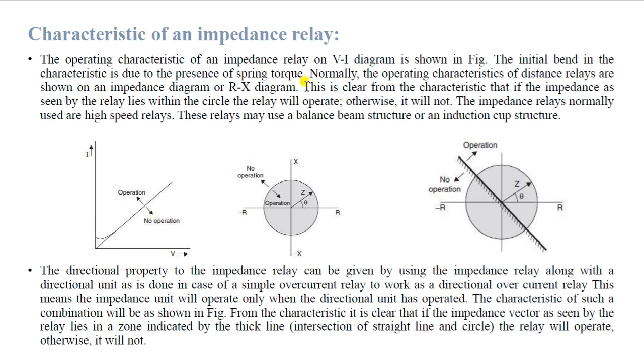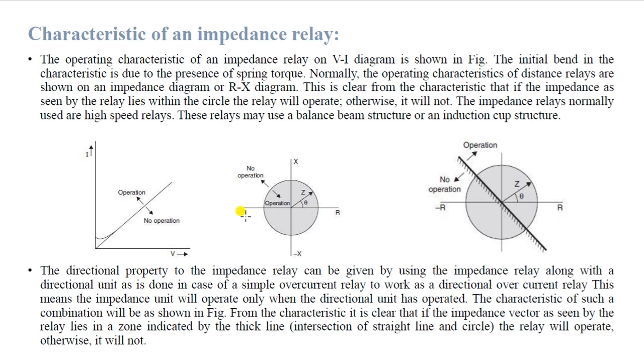If the characteristic of the relay lies in this region, then the relay should operate, otherwise in this region the relay will not operate. Normally the operating characteristics of a distance relay are shown on an impedance diagram or RX diagram. This is clear from the characteristics that if the impedance as seen by the relay lies within the circle, the relay will operate. This is in the RX diagram.